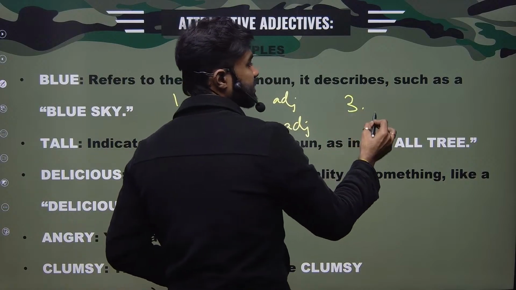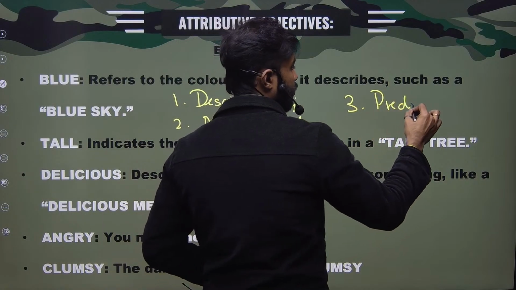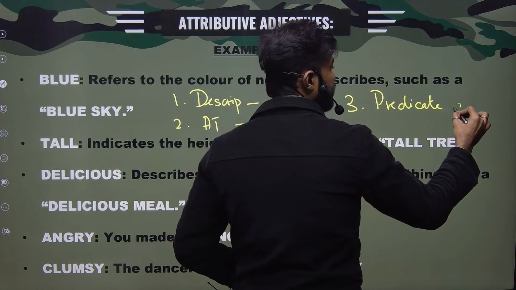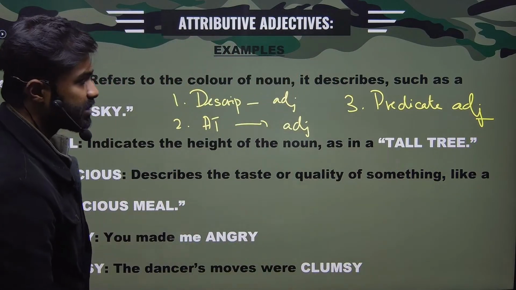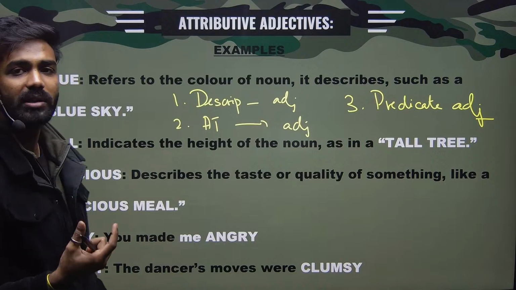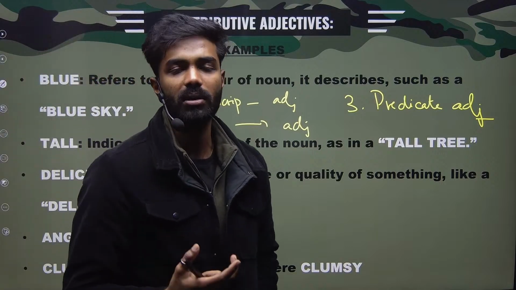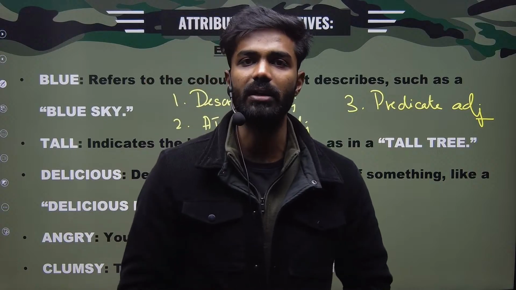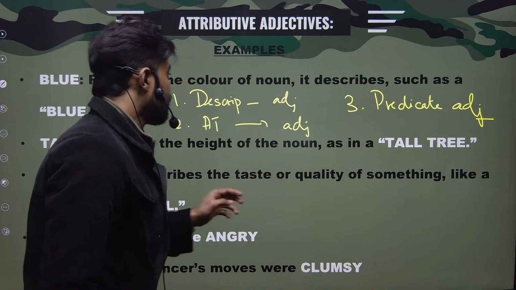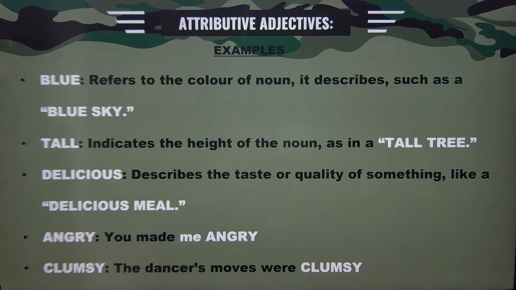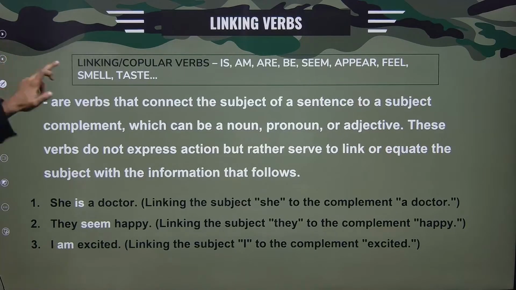Third type, we'll be discussing predicate adjectives. Sir, in order to know what are these predicate adjectives, initially you have to know what is a linking verb. Without having knowledge of linking verbs, you can't identify a predicate adjective. But don't worry, I'll help you to understand what is predicate adjective and linking verb.